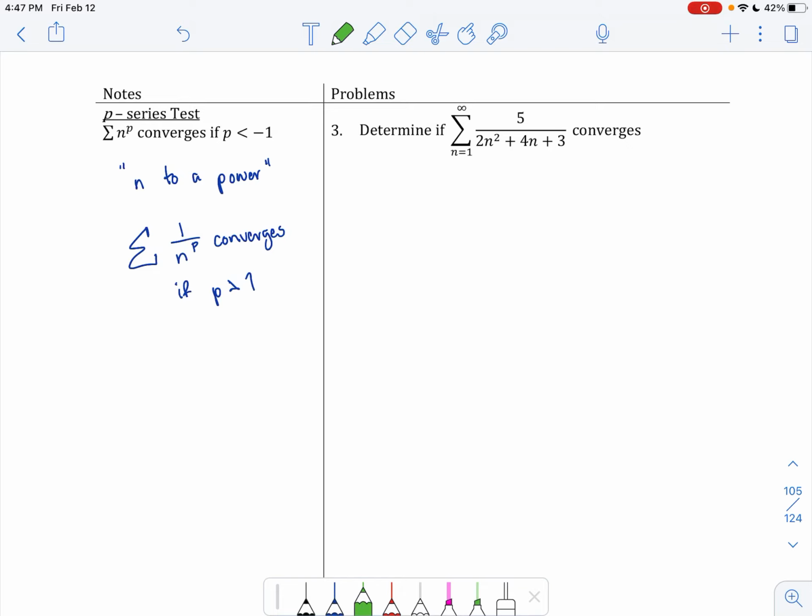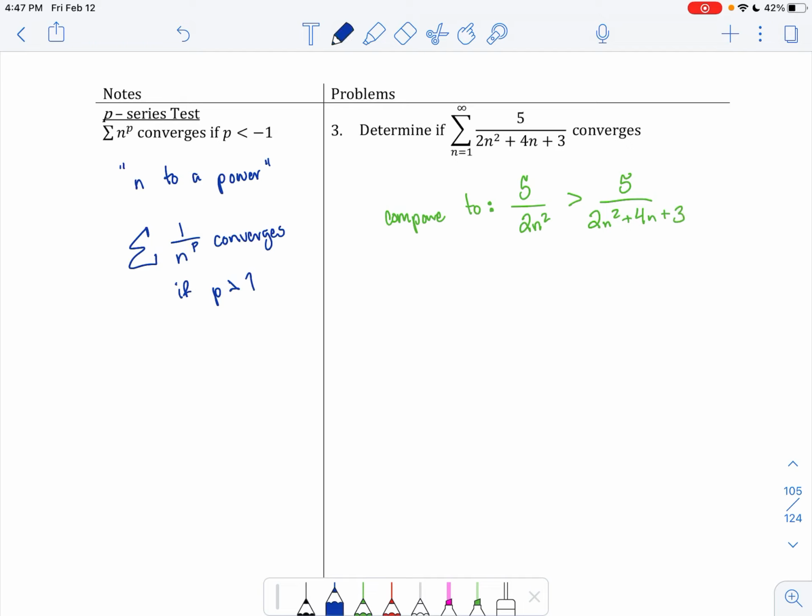And so here, when we do our comparison test, looking at number 3, 5 over 2n squared plus 4n plus 3, I'm going to compare to a simplified version, which would be 5 over 2n squared. What we know is that that is going to be bigger than my original, since my original has a larger denominator. It's got things added to it.